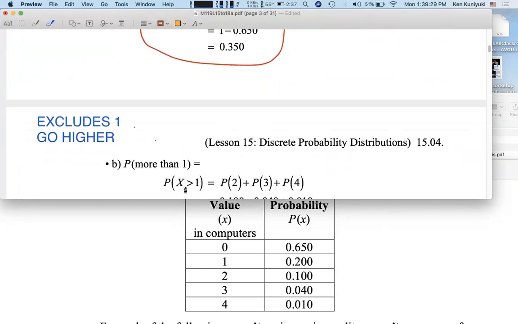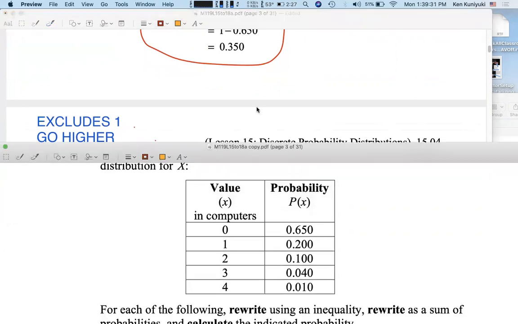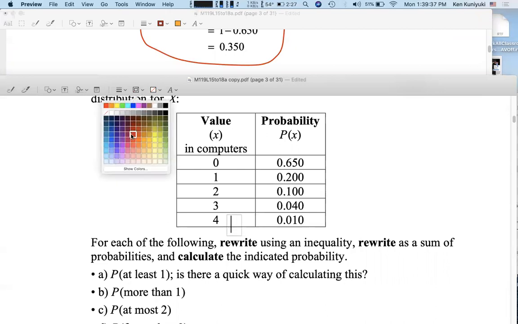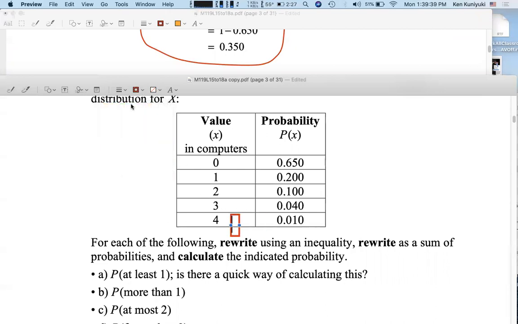The probability that X is strictly greater than one, so we want the X values of 2, 3, and 4. We don't want the 1, certainly not the 0. We want these corresponding probabilities and add them up.